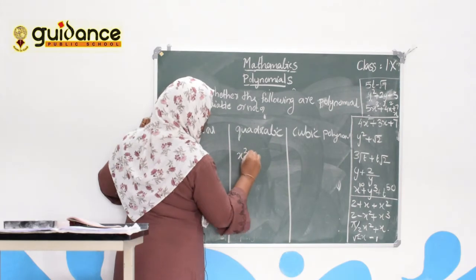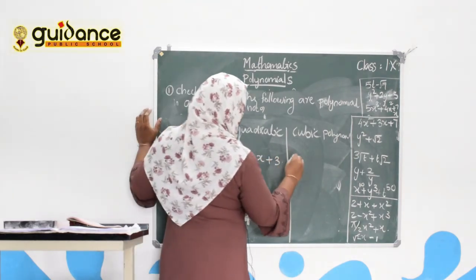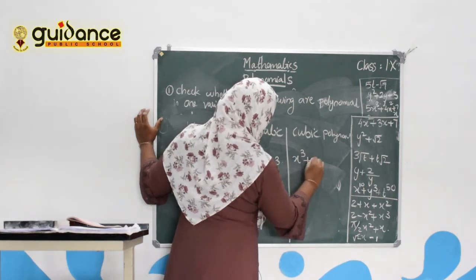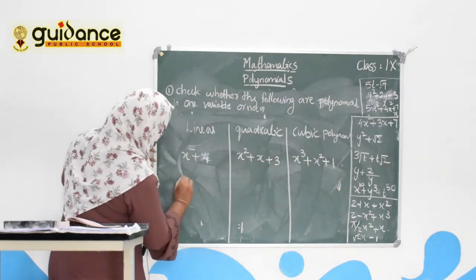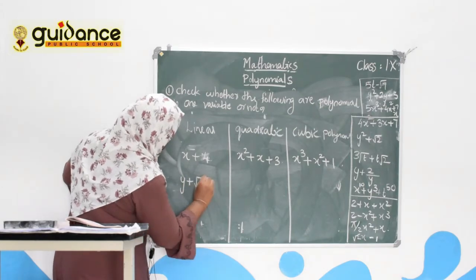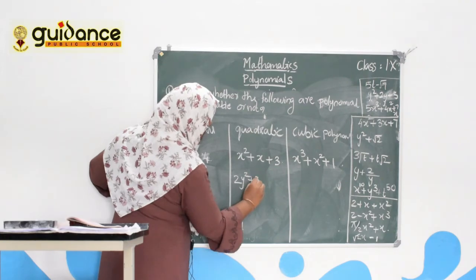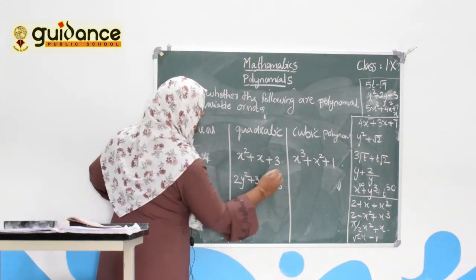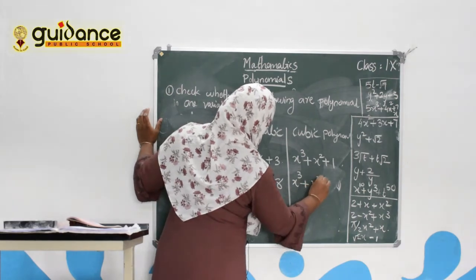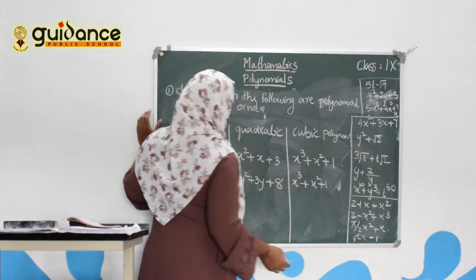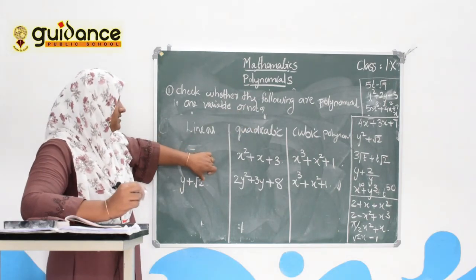Quadratic, a polynomial of degree 2, that is x square plus 6. Then cubic, a polynomial of degree 3, x cube plus x square plus 1. Another example, y plus root 2, then 2y square plus 3y plus 8, then x cube plus x square plus 1.